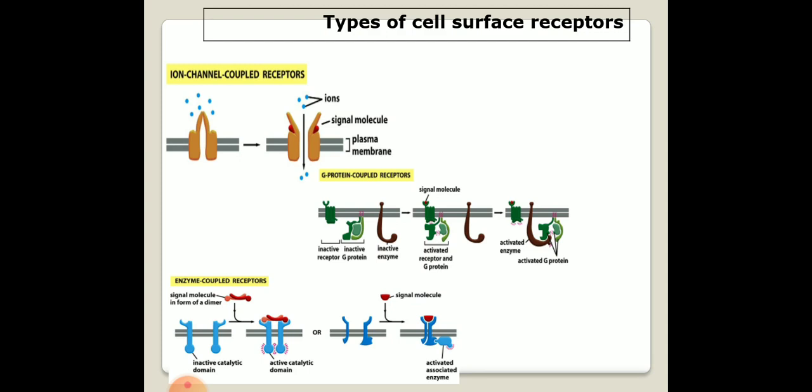It can phosphorylate itself on tyrosine residues. Here the binding of signaling molecule to the receptor enhances the enzymatic activity of the receptor, or they are coupled to another enzyme whose enzymatic activity is enhanced on binding of signaling molecule to the receptor. So they are called enzyme coupled receptor.